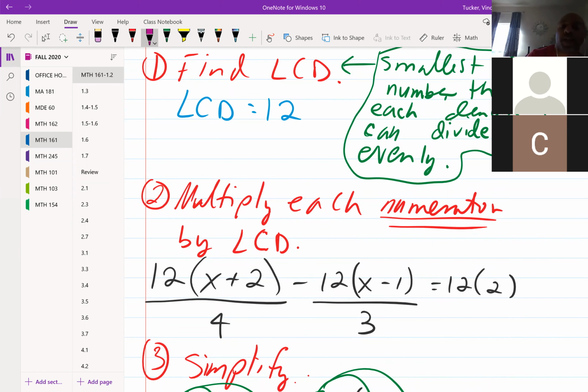And don't forget that even if it doesn't have a denominator, you still have to multiply it times the LCD. So a lot of times what people will do is they'll forget the 2 that's over there by itself. But you have to multiply everything by 12 or multiply everything by the LCD, or you will be changing the value of the equation.